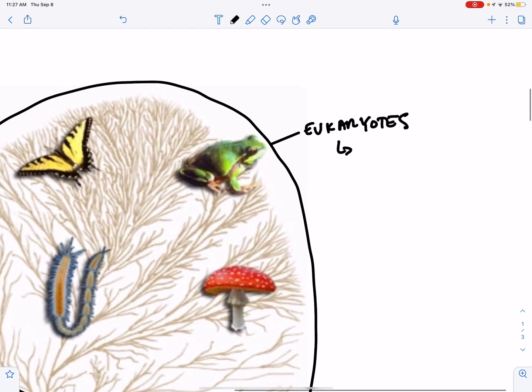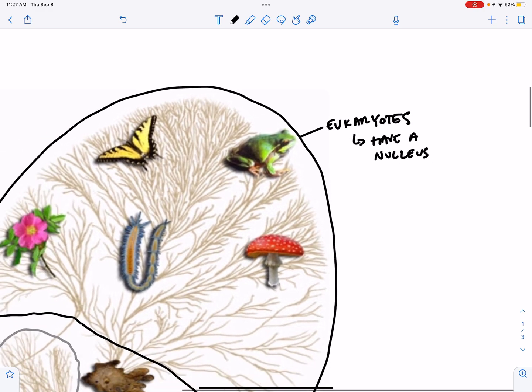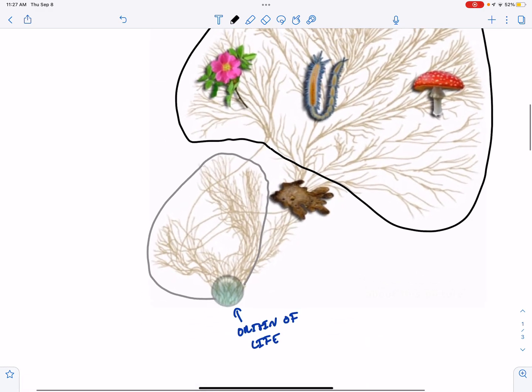Remember from class today that these are things that have a nucleus. Okay, and in the gray, I want you to label this prokaryote. No nucleus.